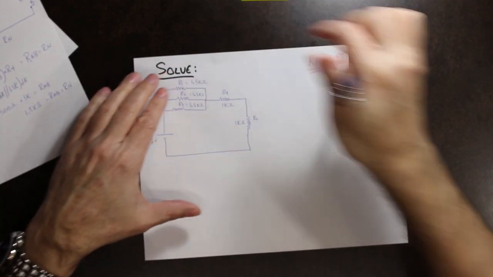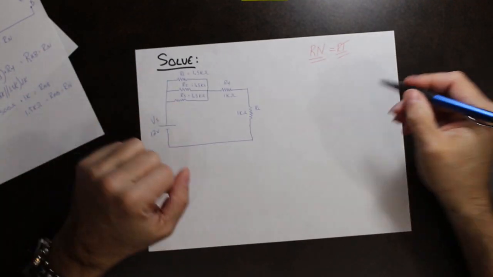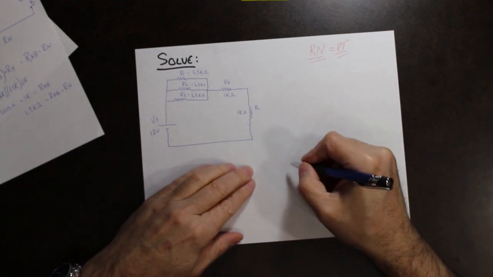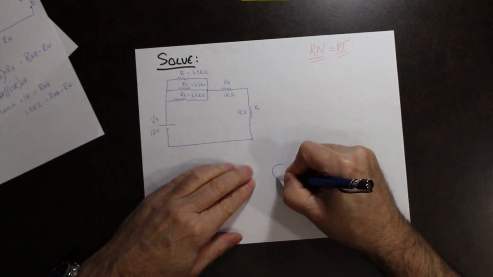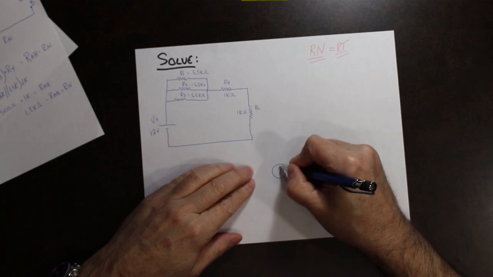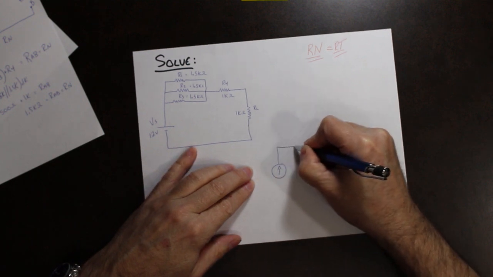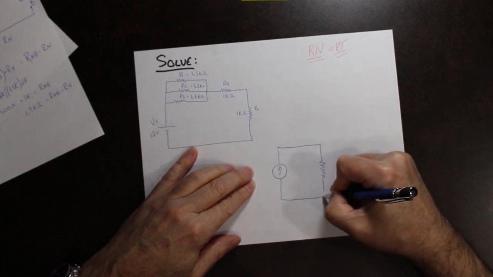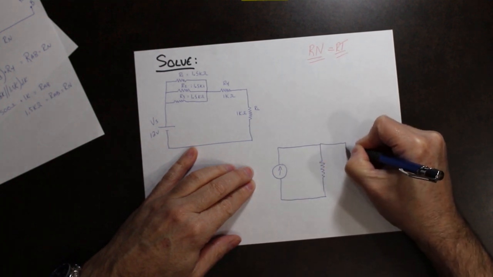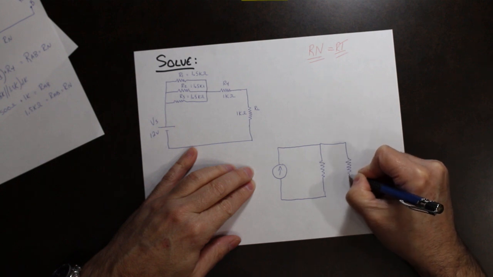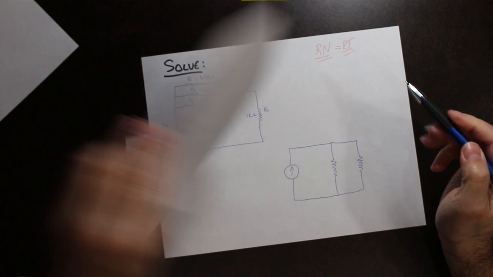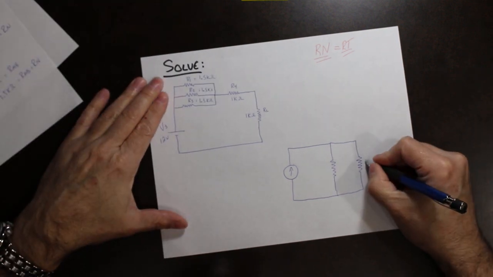So what we do is we go back to our original, and we have just found our Norton resistance. What we're going to do is build Norton's equivalent. The first thing that I did in the procedure was remove the load. Might as well just put it right here.